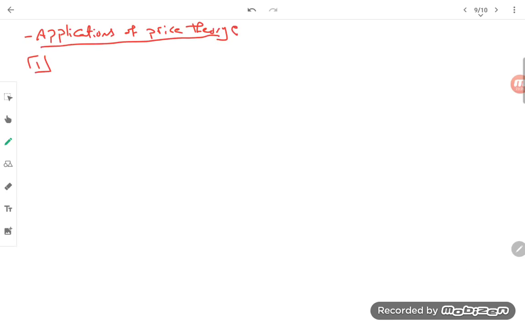So let's take case number one. This is applications of price theory. Case number one: putting an upper limit, or setting an upper limit, for selling the product.